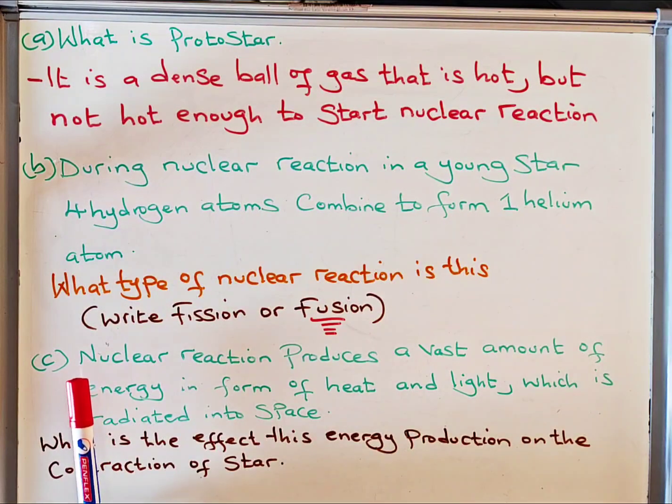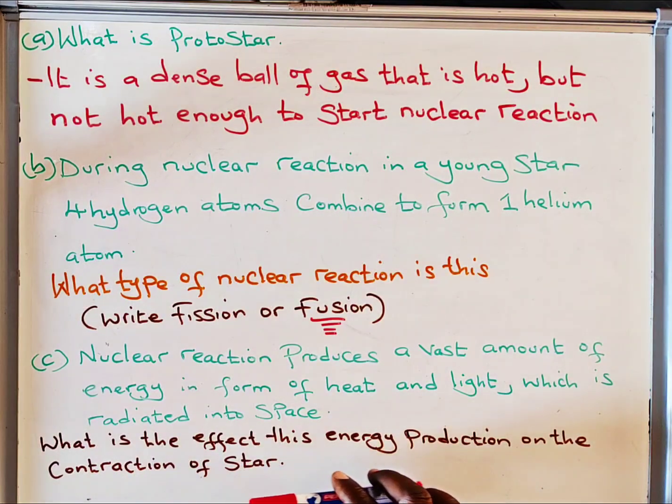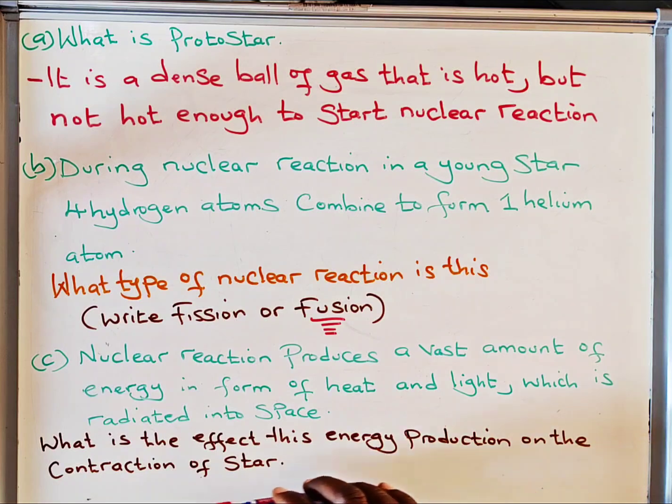Then comes this case. It says that a nuclear reaction produces a vast amount of energy in the form of heat and light, which is radiated into space. Then the question says, what is the effect of this energy production on contraction of the star?